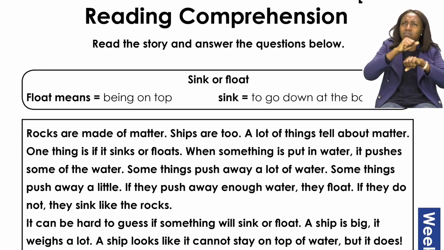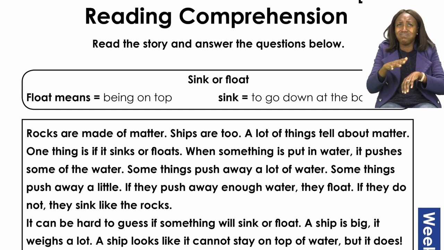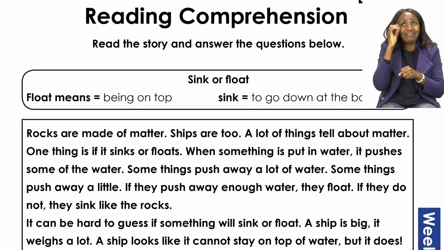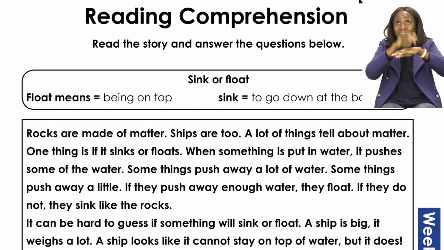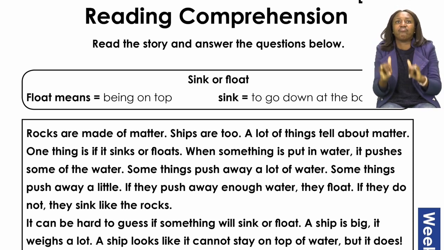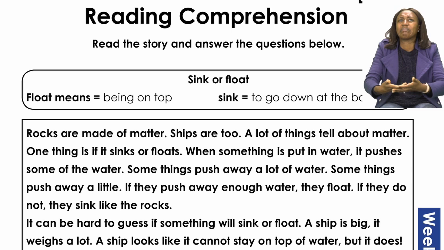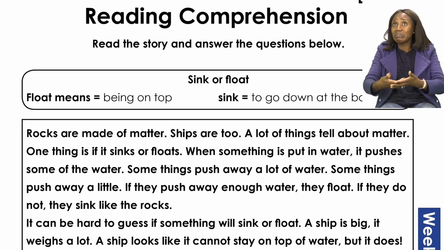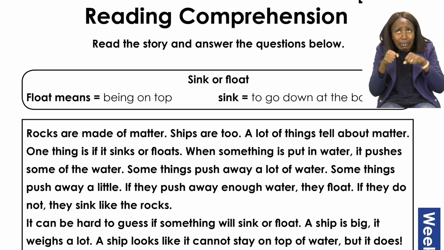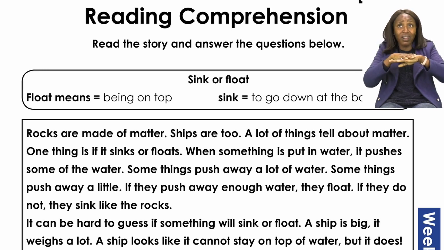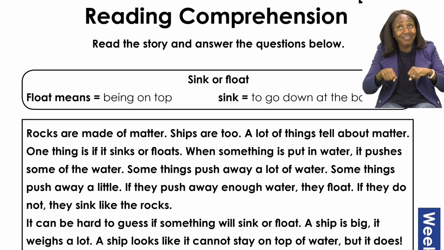It can be hard to guess if something will sink or float. A ship is big. It weighs a lot. A ship looks like it cannot stay on top of water, but it does.